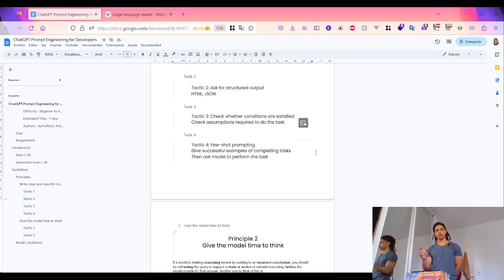For example, when a child asks a grandpa, hey, how can I be strong in life?